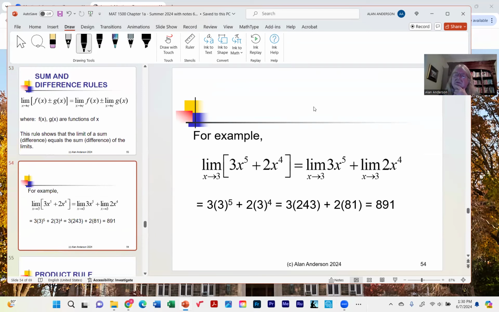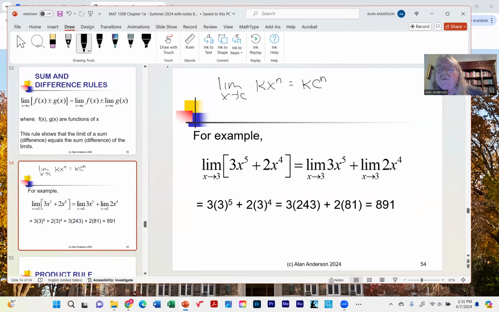So how about this example? These are both in the form, again, limit as x goes to c. And so we break it up into a sum. We can treat this as the limit of 3x to the fifth plus the limit of 2x to the fourth.